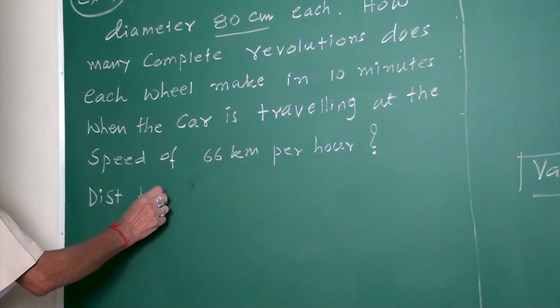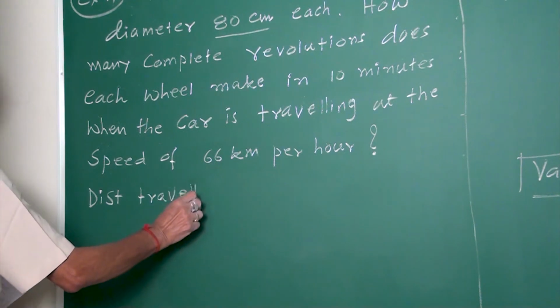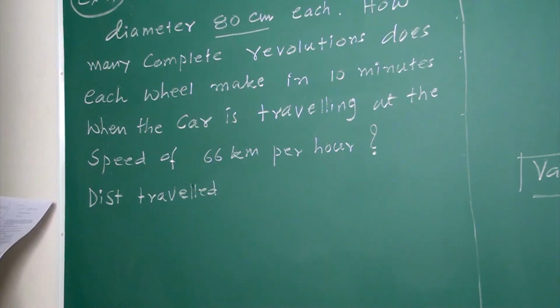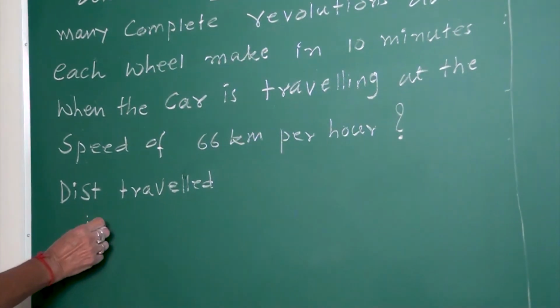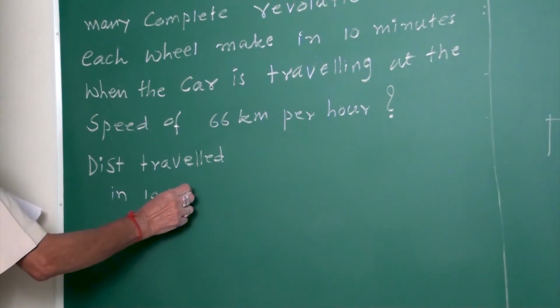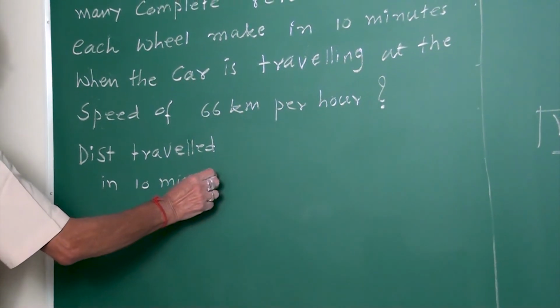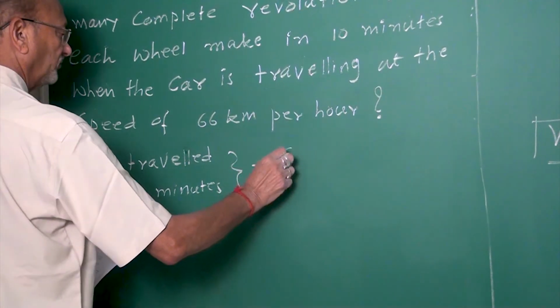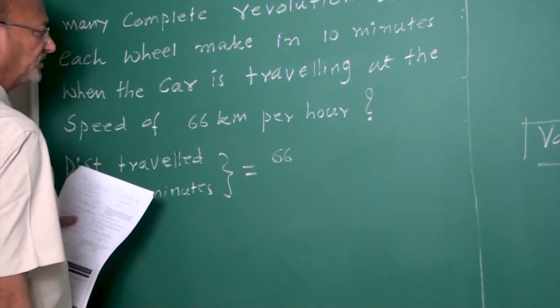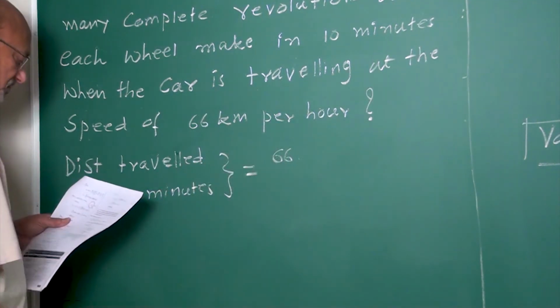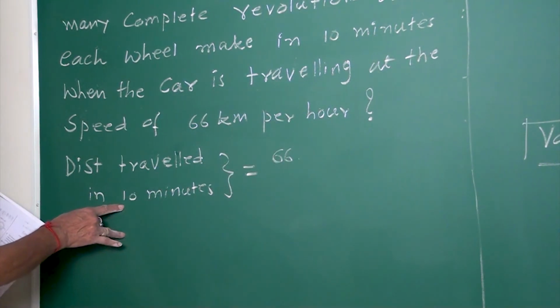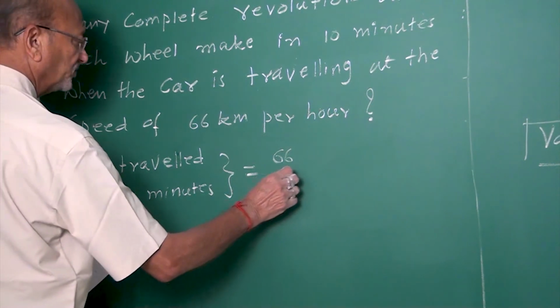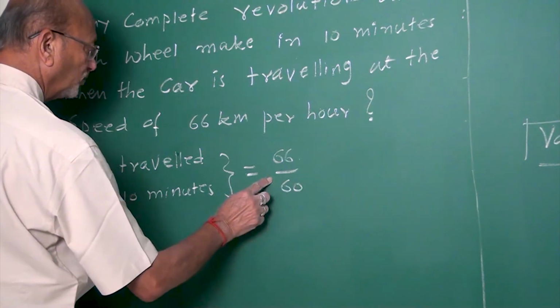Distance traveled in 10 minutes. This is, my friend, 66 kilometers per hour. You wanted in 10 minutes. If you divide this by 60, this is in 1 minute.